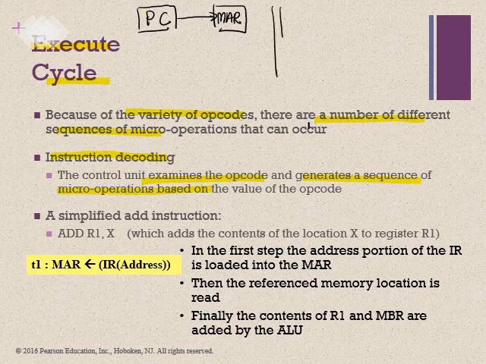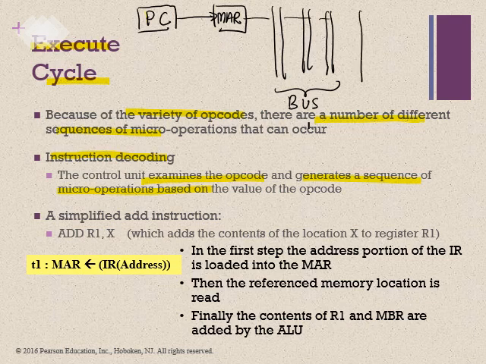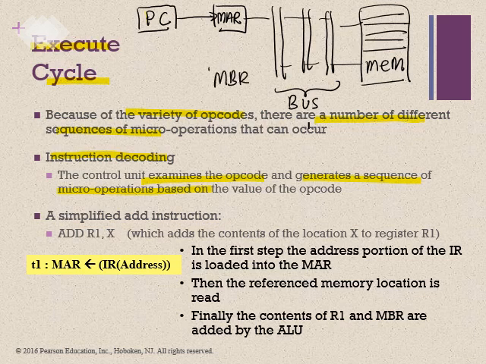Then we have buses. You are familiar with these: the control bus, data bus, and address bus. Then it goes to memory. Then we come back, and in here we have the MBR and the IR.